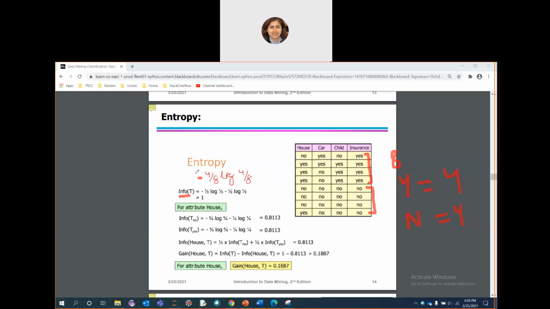So if in the bracket I have a plus, it by default becomes minus, so I'm just considering it minus. Again, how many instances are no? So we have 4 divided by 8 log 4 divided by 8, correct? So again, if we simplify that, it will be 1 divided by 2, 1 divided by 2. So you will have it in this way, and the entropy of the given whole data set is 1.